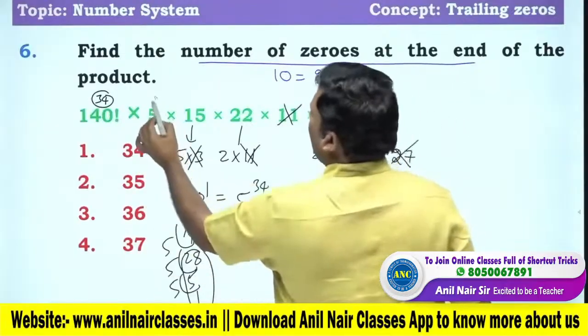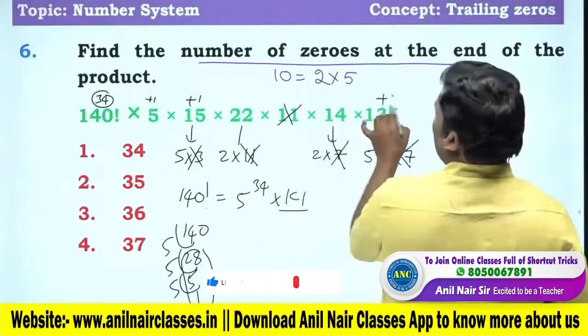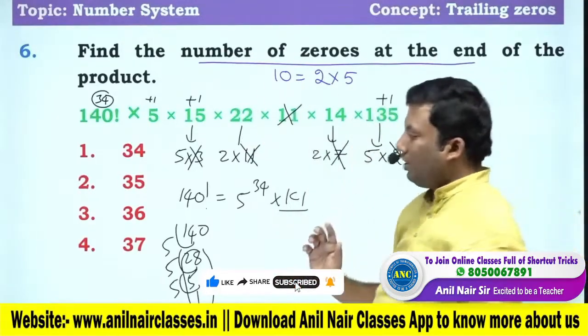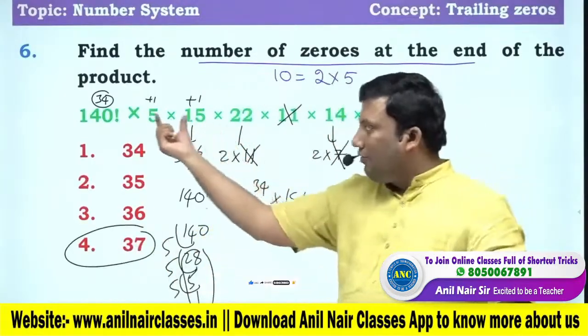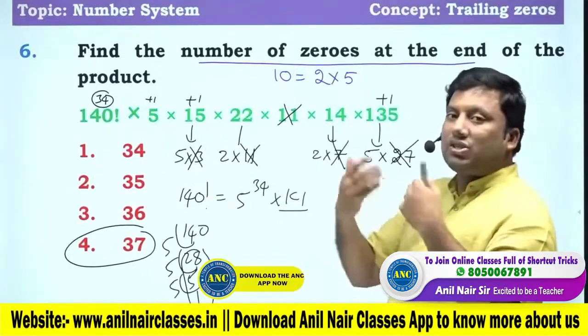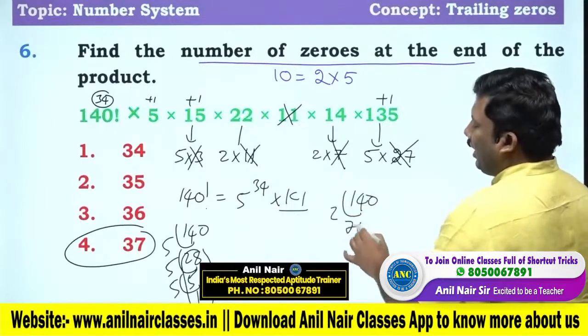Here I got another 5. Here I got another 5. Here I got another 5. So 34 plus 1 plus 1 plus 1. The answer for this question is 37. In 140 factorial, the powers of 2, even in the first step itself, you are able to say it is greater than 70.